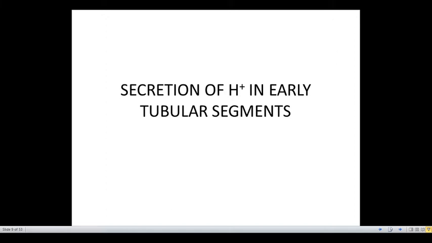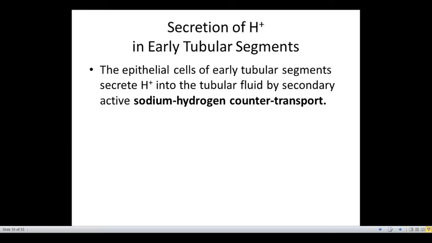Secretion of hydrogen ions in early tubular segments. The epithelial cells of early tubular segments secrete hydrogen ions into the tubular fluid by secondary active sodium hydrogen counter transport.